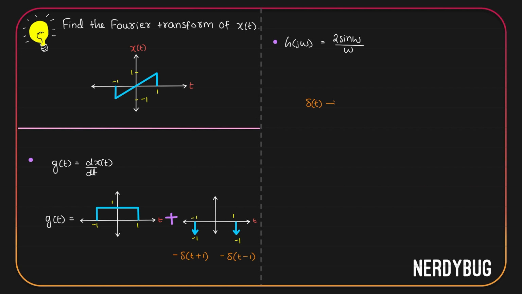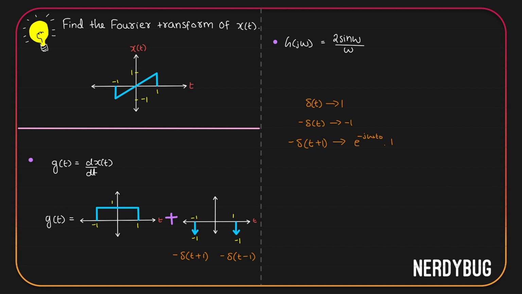We know the Fourier transform of delta of t is 1, so that of minus delta of t will be minus 1. What we want here is the Fourier transform of minus delta of t plus 1. There is a time shift. According to the time shifting property, the Fourier transform will be e raised to minus j omega t naught multiplied by the original Fourier transform, which is 1 here.